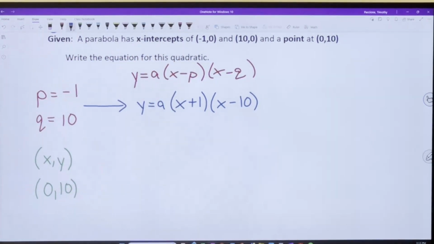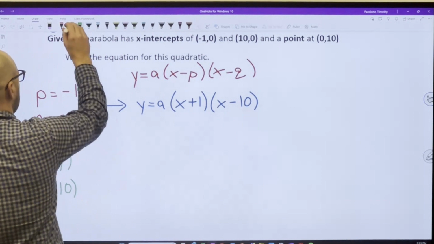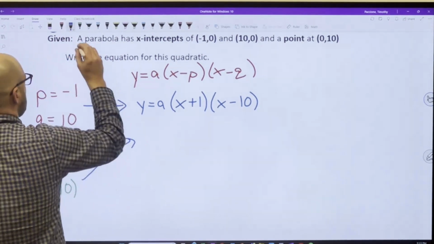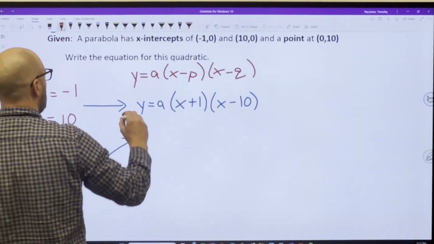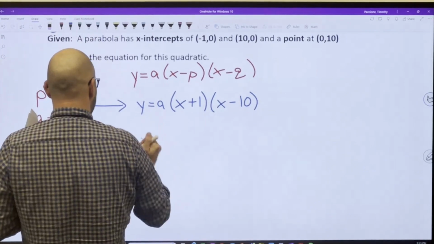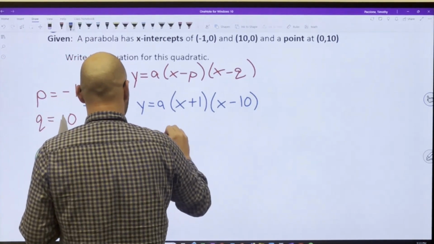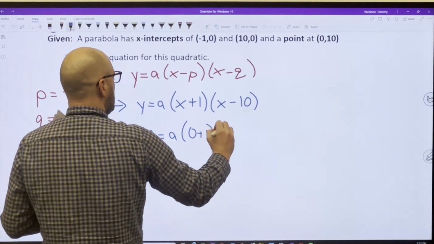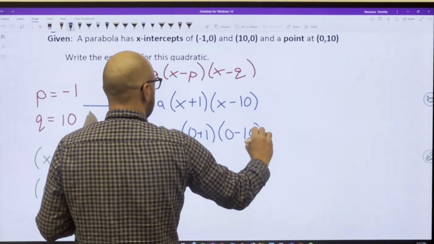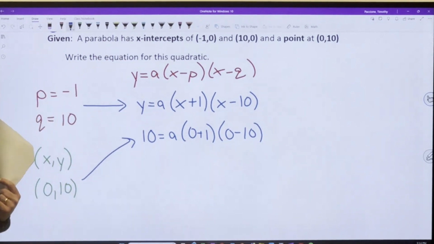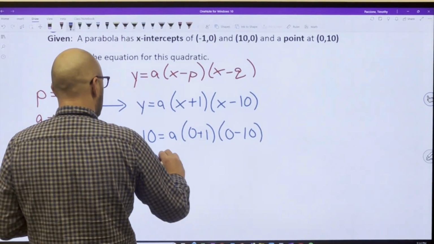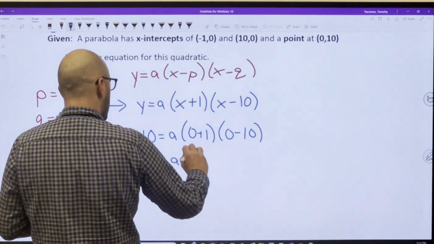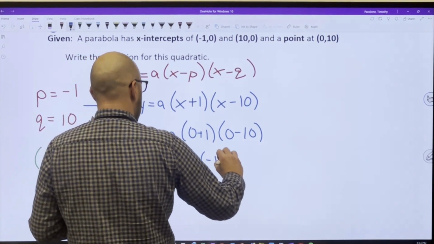Okay, now I'm going to plug in my x and y. So I get 10 equals a times (0 plus 1)(0 minus 10), right? Which gives me 10 equals a times 1 times negative 10.